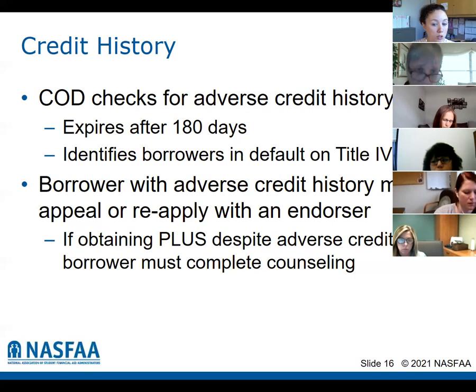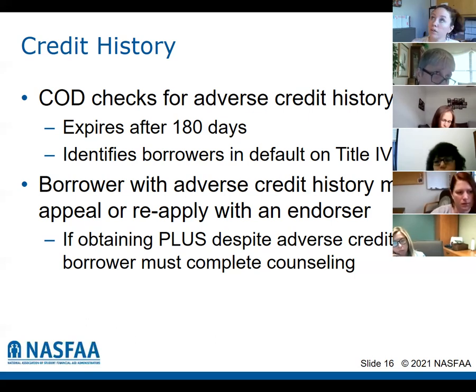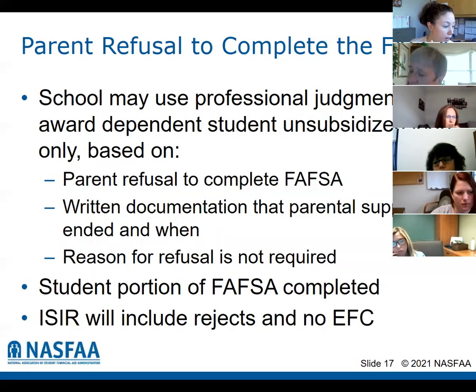And then if the endorsement process works, then the loan can get created. Then there's some additional counseling that the borrower needs to do. So they would then need to do PLUS counseling on studentaid.gov. And that's just about their credit and stuff. So it's a secondary requirement.